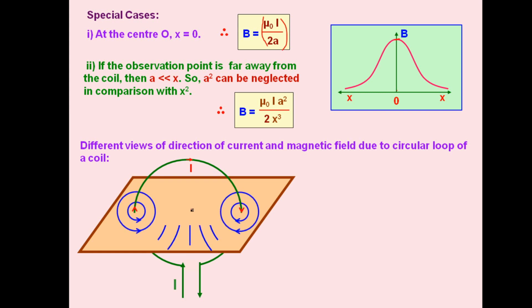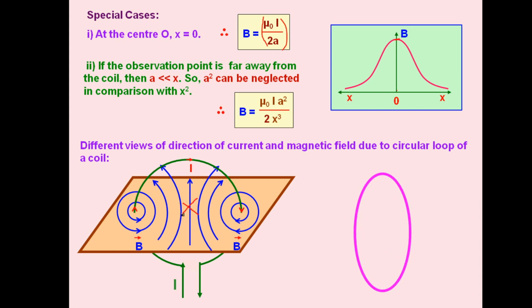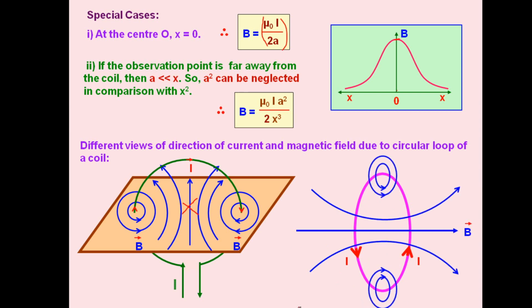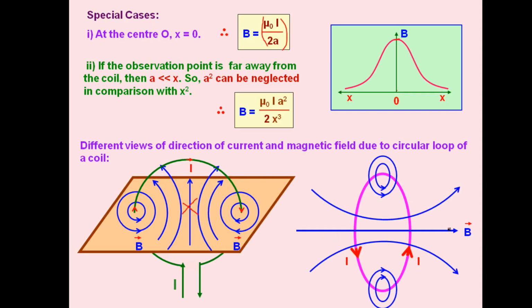See how it is going inward, or we can say downward. So a cross will be used here. Here the magnetic field shown is a cross. It must be a cross because it is going inward to the plane of the board. In this way we can check. This is the direction of current, and the direction of magnetic field. In this way it is coming left to right. So you can note down this.